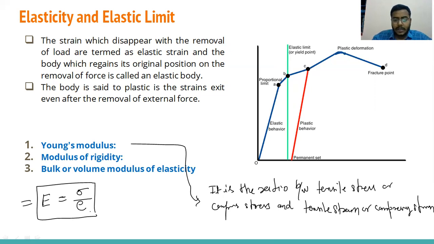When the stresses are tensile in nature, we can write E is equal to sigma T divided by epsilon T. In the case of compressive stress, we can write sigma C divided by epsilon C.